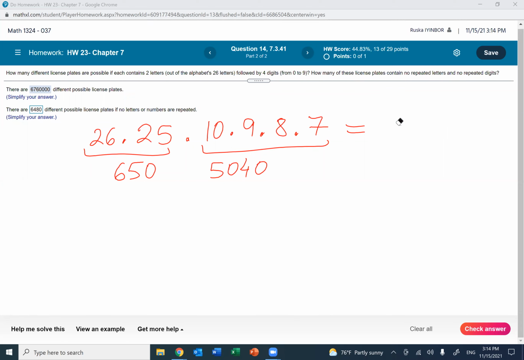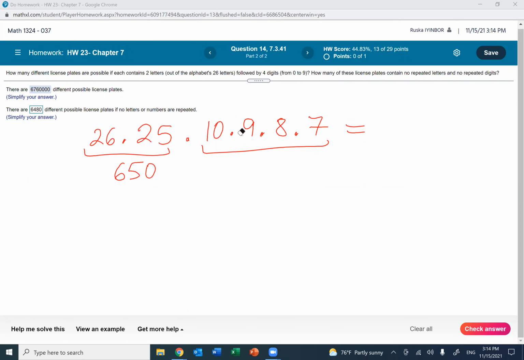So when I multiply, I'm using my calculator and I don't know what I pressed, but when I multiply 26 times 25, I get 650. And then I multiply 10 times 9 is 90.